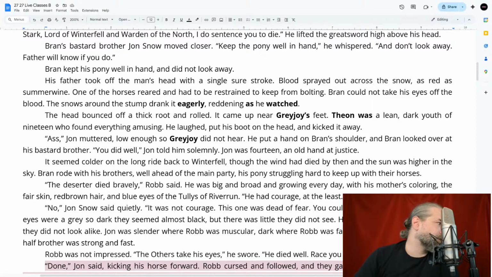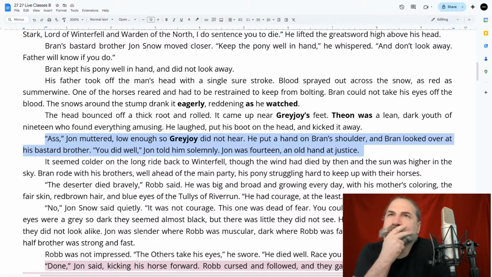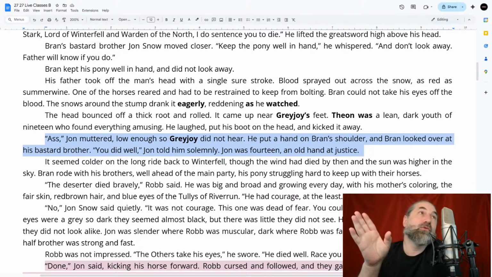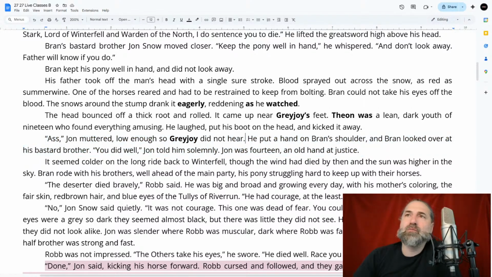One second. No, it is. Wow, that's weird. For the record, I think I'm going to stand on this. I feel like this is a head-hopping passage, because Bran can't know the motivation of Jon.